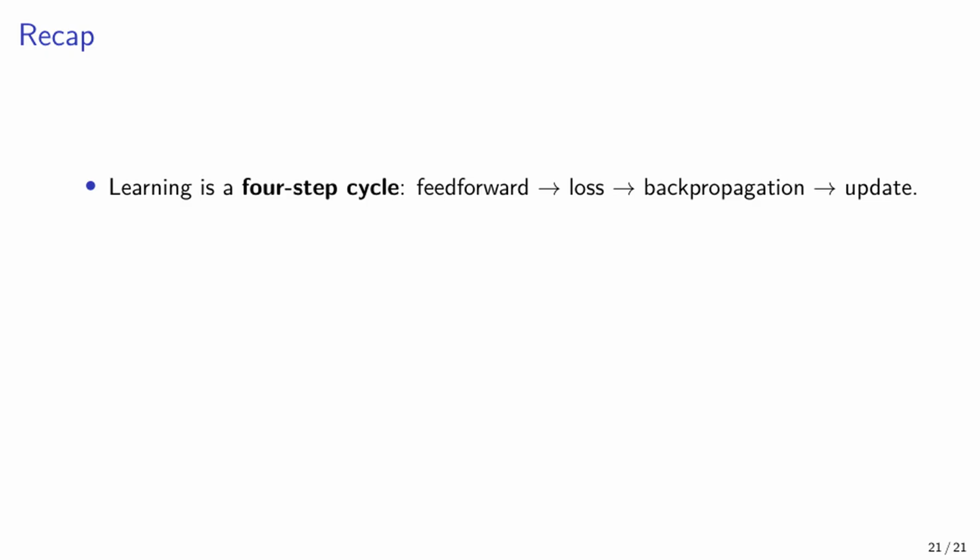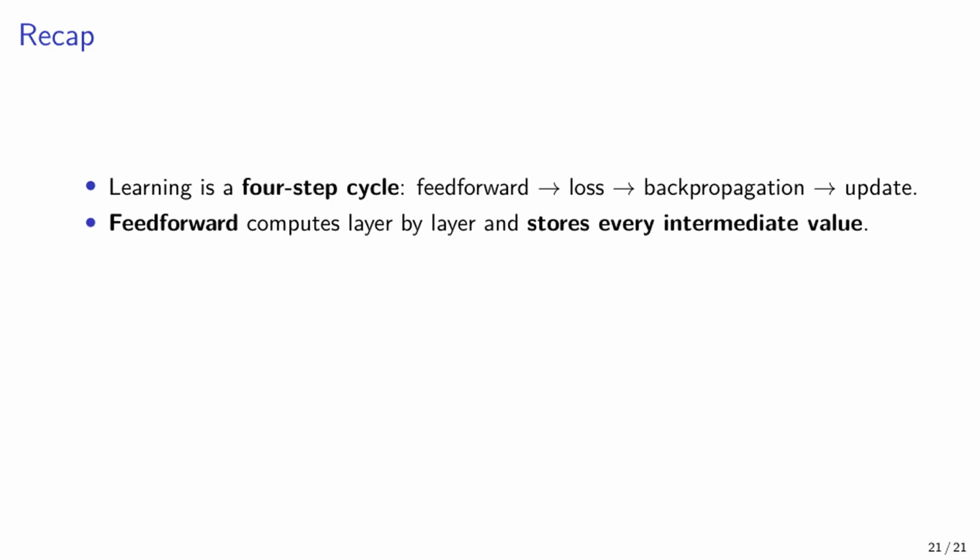Let us recap. Learning is a 4-step cycle. Feed forward, then loss, then backpropagation, then update. Feed forward computes the network layer by layer, front to back, and stores every intermediate value for the pass to come.